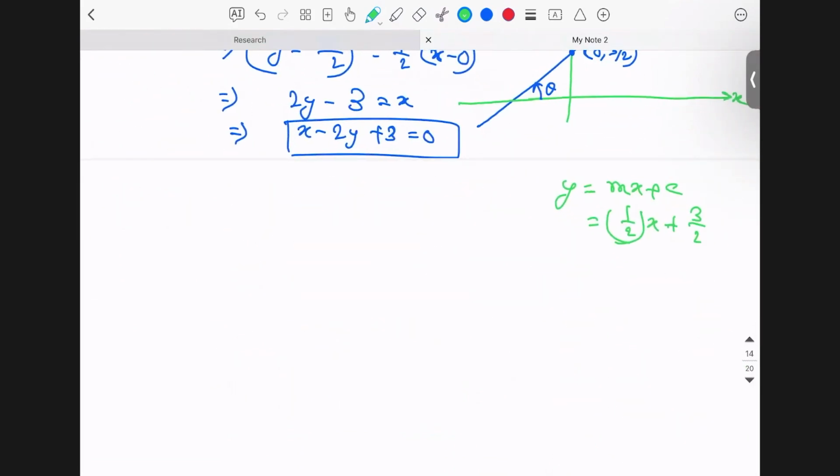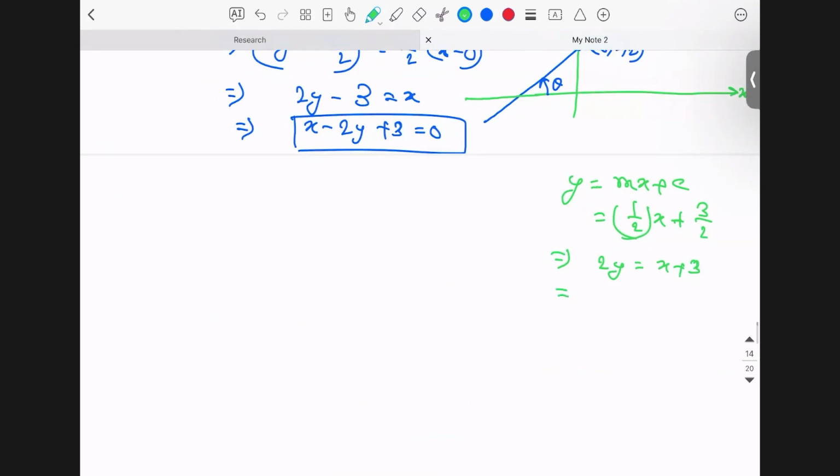So again, what will we get? 2y is equal to x plus 3. And then we get x minus 2y plus 3 equal to 0. So whether you use the y-intercept form or the simplified equation of the straight line, it will not matter, you will ultimately get the same answer.